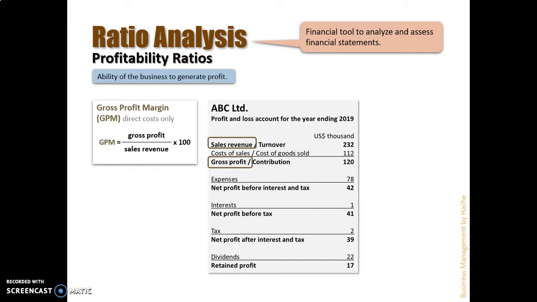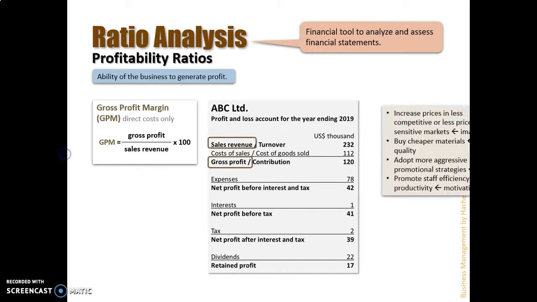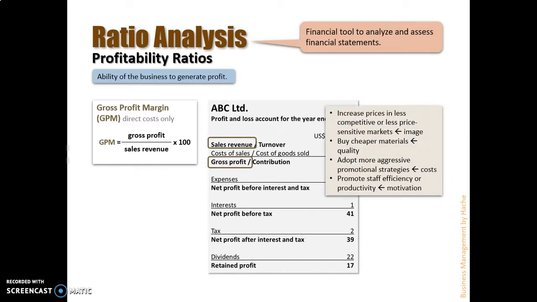If the percentage is too low, there are ways to actually increase the gross profit margin. A few solutions are shown on the right. For example, you can increase prices in less competitive or less price sensitive markets. We can sell at a higher price, but remember, this might affect the image of the business.